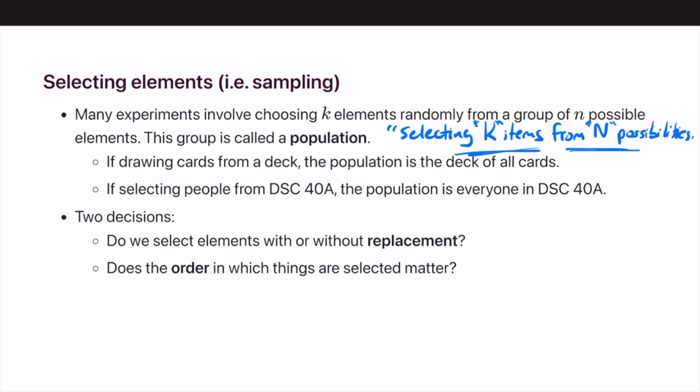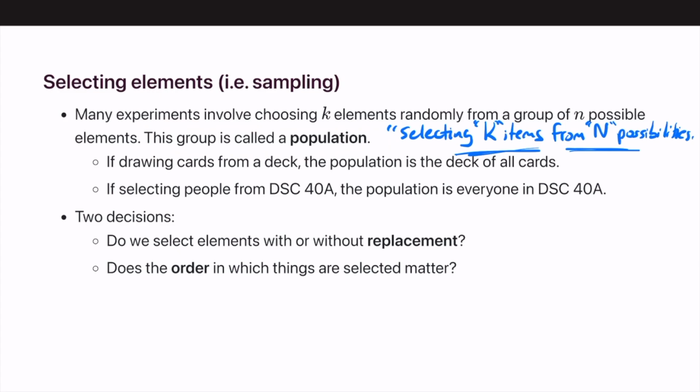Or all the students who take DSC40A: let's say I was teaching 3 sections of it and there were 100 students in each section, all 300 students could be said to be a population of the DSC40A students. DSC40A students in section A, that population would be just the 100 students.